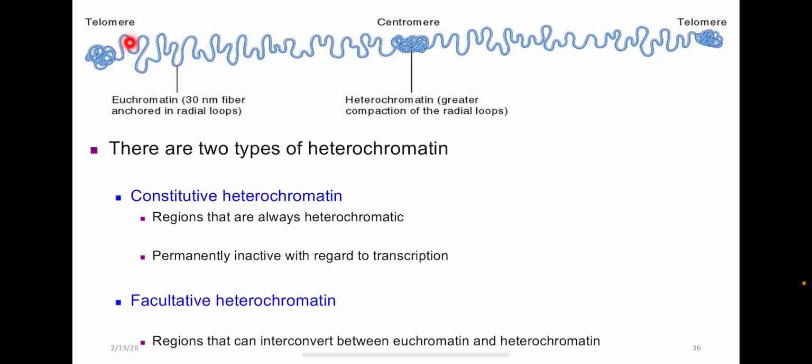So on a normal chromosome, the arms of the chromosomes can be euchromatic, but the telomeres and the centromere can never be euchromatic. The centromere and the telomeres are the constitutive heterochromatin, because we don't need them to code for anything, so they are permanently inactive.